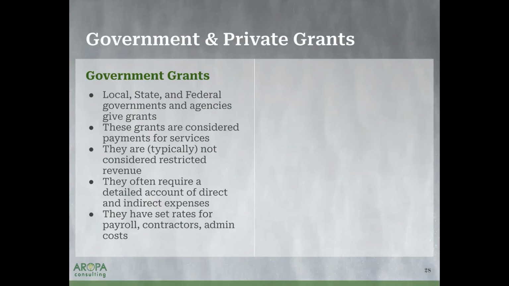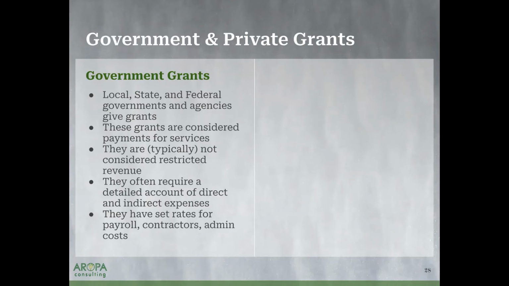So a great example would be, again, a food bank. So say a food bank gets a large government grant. Their services that they're supposed to be performing as a part of that grant is delivering food within the community. Well, when they receive the disbursements from that grant, because they are already doing those activities, it's not considered restricted revenue.